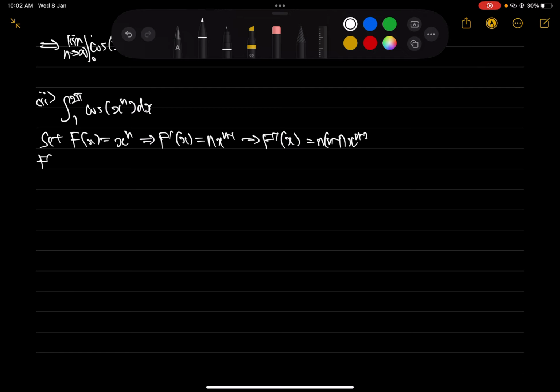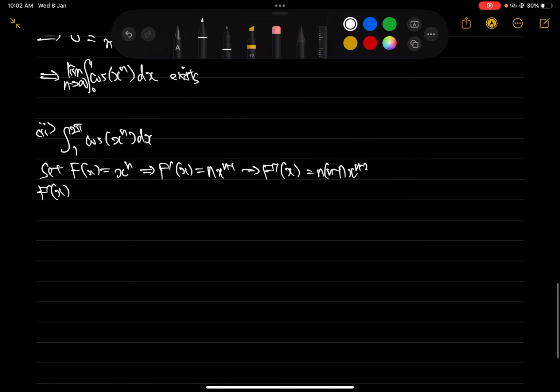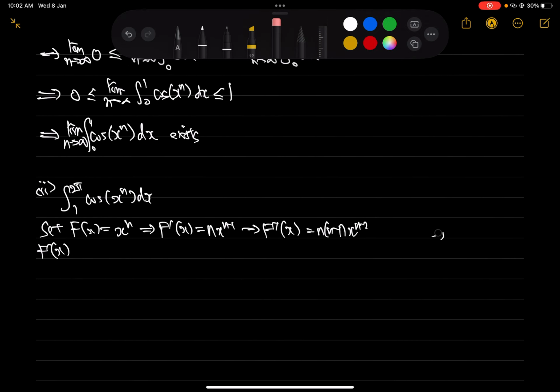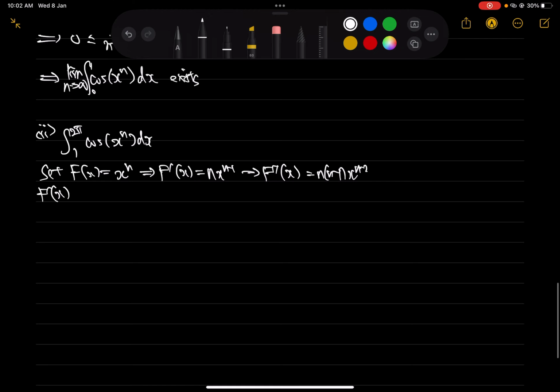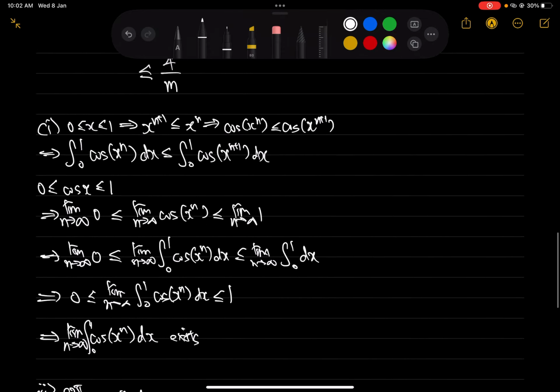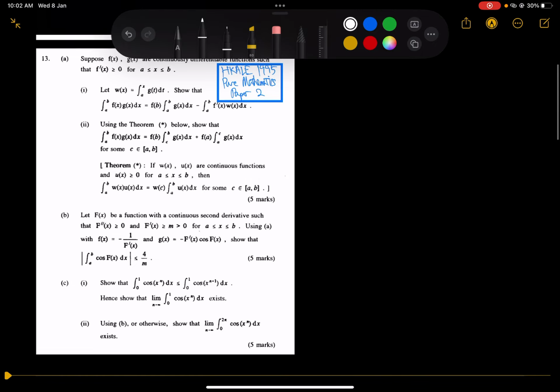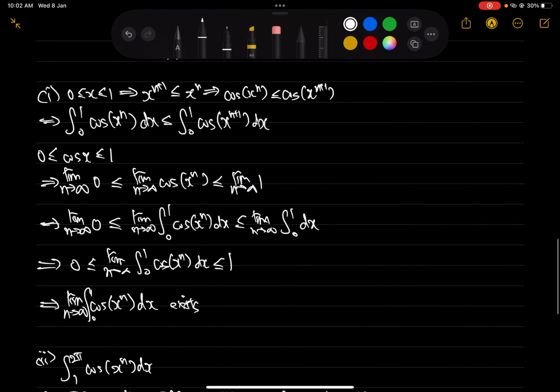And we all know that f prime x in the interval of 1 to 2 pi is greater than 1, which is greater than 0, and f double prime of x, we all know x is from 1 to 2 pi, so that is obviously greater than or equal to 0, which means we could use the conditions in part B of the theorem.